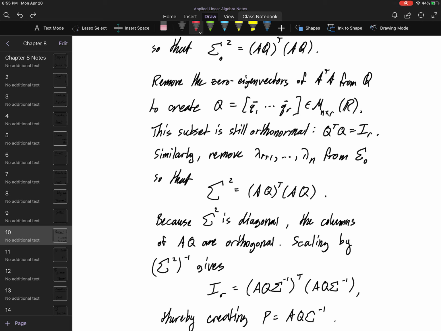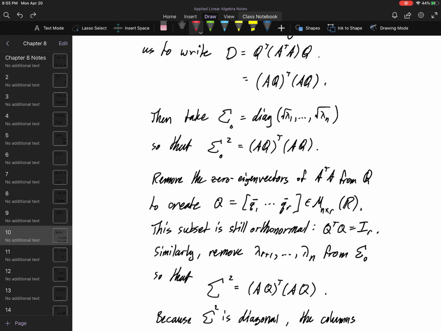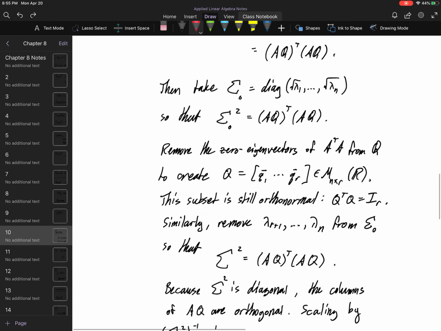So very similarly, we're going to remove the lambdas r plus 1 to lambda n from sigma 0, because I know that there are that many, because r is the rank of this matrix, and anything beyond that is going to be contributing to the kernel. So that means I have an n minus r dimensional kernel.